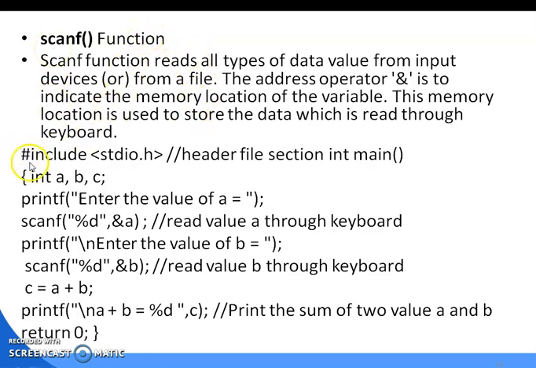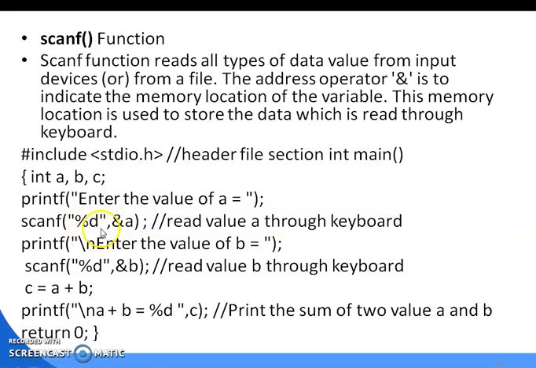So let's look at this example. #include <stdio.h>. Next is int main, int a, b, c. The variables are declared here. Next is printf, enter the value of a, then scanf to read the value through the keyboard, %d and &a. This line shows that %d is the format specifier, & is the address operator, and a is the variable, which reads the value through the keyboard. %d is the integer format.